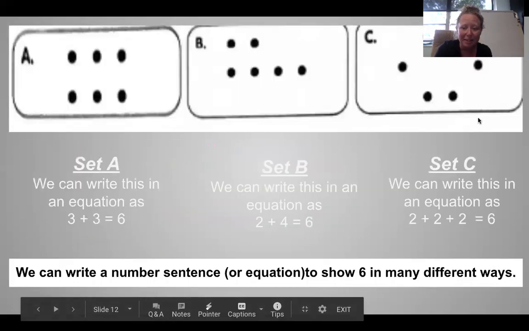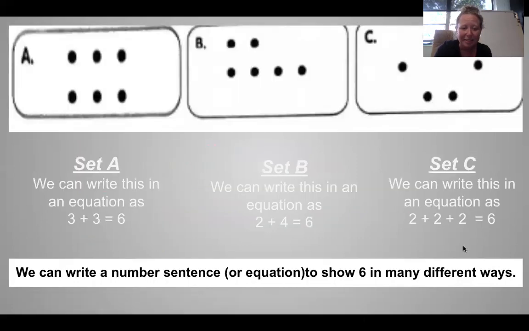So now let's look at these. With set A, we can write this in an equation as 3 plus 3 equals 6. Say that with me. 3 plus 3 equals 6.